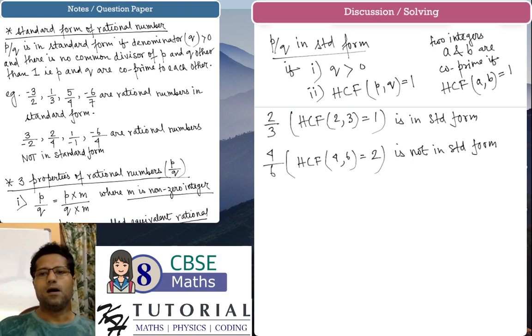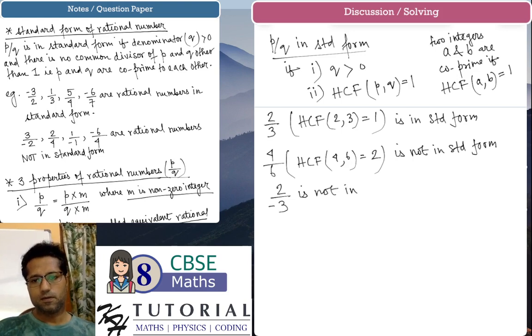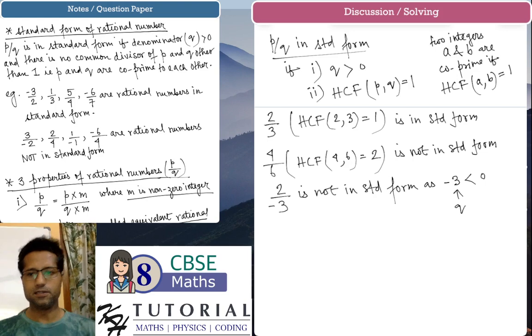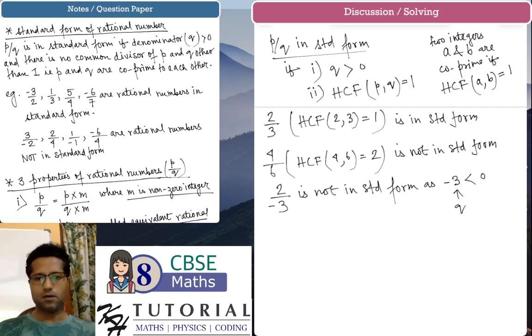Also note that 2 by minus 3 is not in standard form as minus 3 is less than 0. This is Q. Q cannot be less than 0. Q should be greater than 0. Okay, so these are not in standard form.